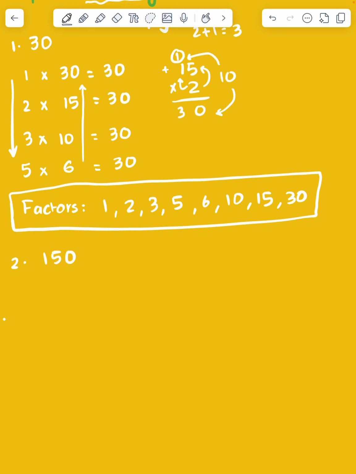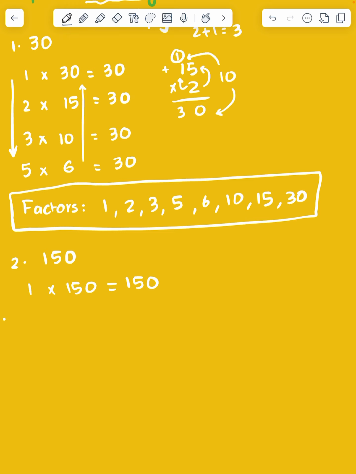What are the factors of 150? Again, when you hear the word factors, you're looking for numbers that when you multiply, you get 150. Starting off very basic, 1 times 150 is 150.